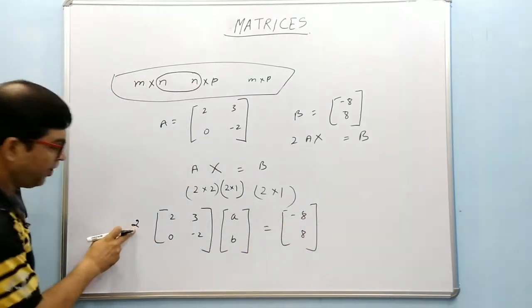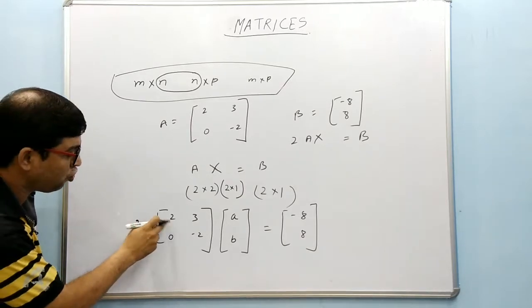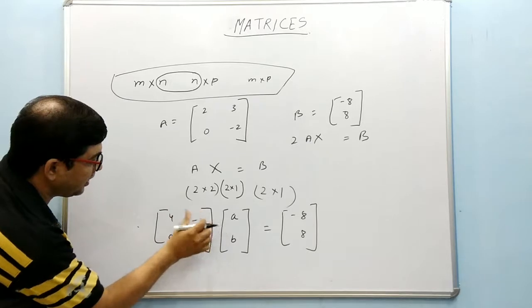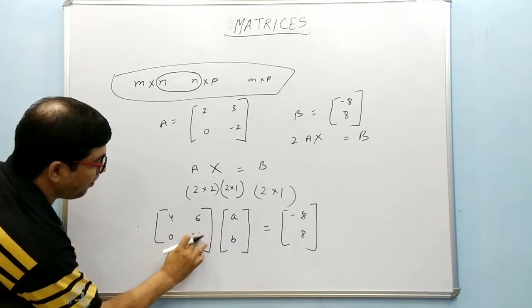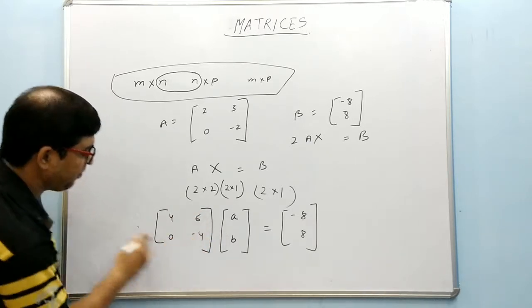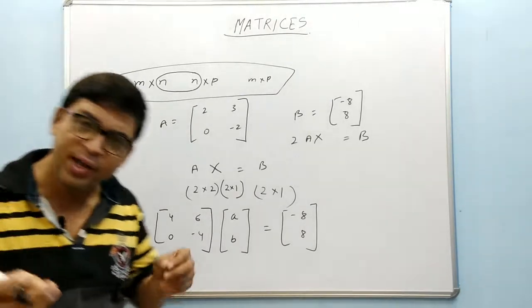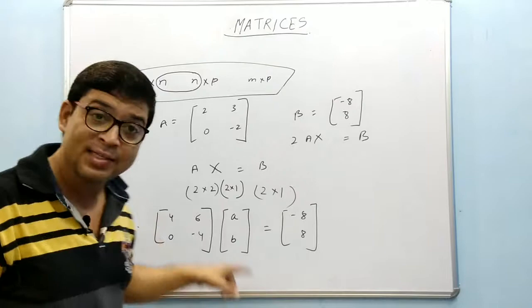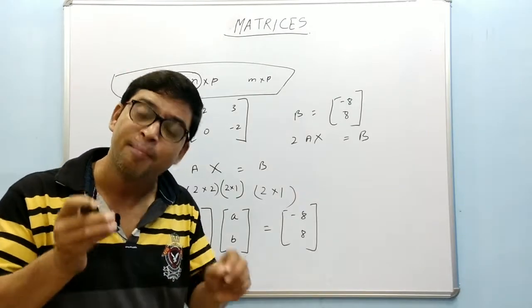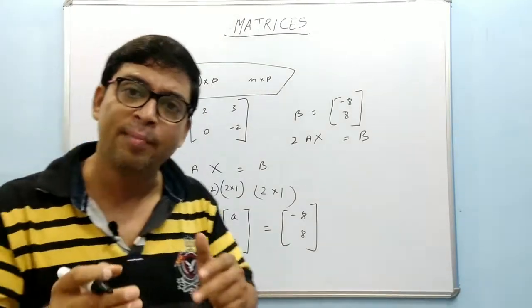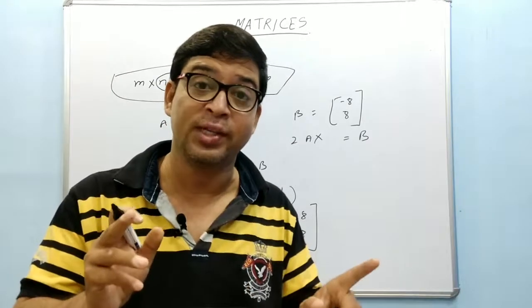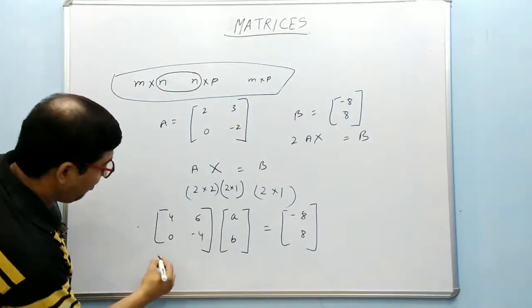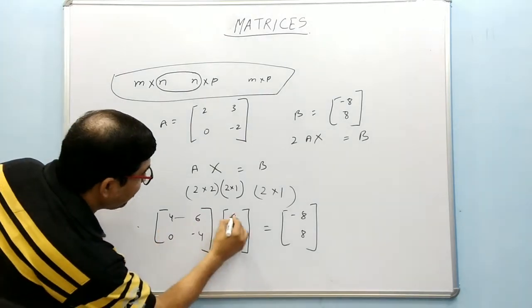Just proceed with the operation. If I multiply the 2 here, it comes out to be 4, 6, minus 4. The 2 is multiplied to each and every element of the matrix. Don't think that 2 will be multiplied to this as well as this. No, multiplication is applied to one thing, not both, unlike the plus case. Be careful.